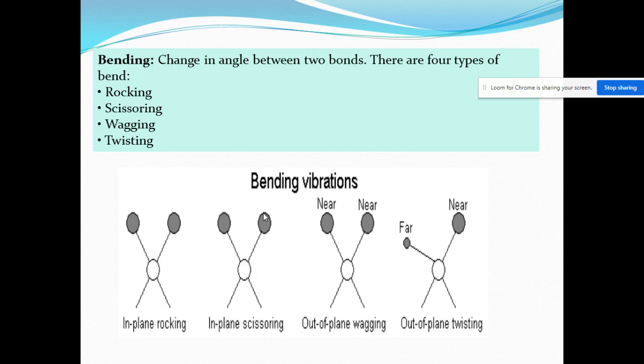Among them, rocking and scissoring are in plane bending vibration, and wagging and twisting are out of plane bending vibrations.